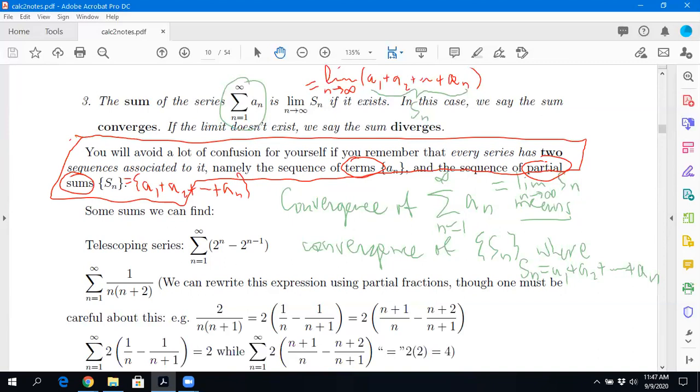You have to keep this straight. Am I talking about the terms, or am I talking about the sequence of partial sums itself? If you can't keep that straight, it is not going to end well, okay? You have to be able to discern between the actual terms and the actual partial sums themselves. That is very important.